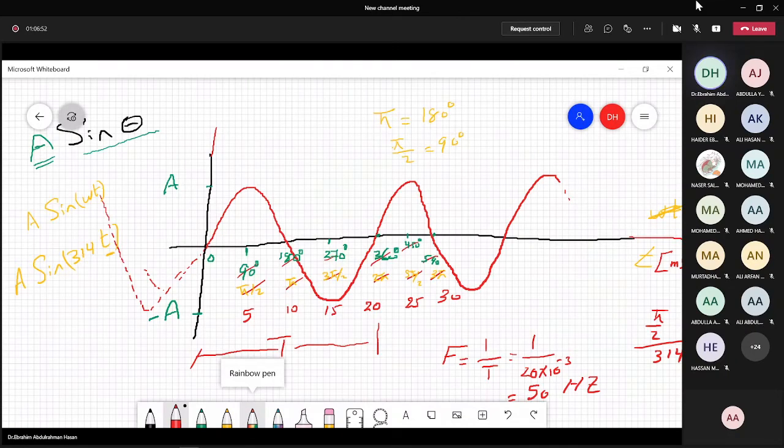What is the difference between sine and cosine here? Phase shift, just a shift of 90 degrees.